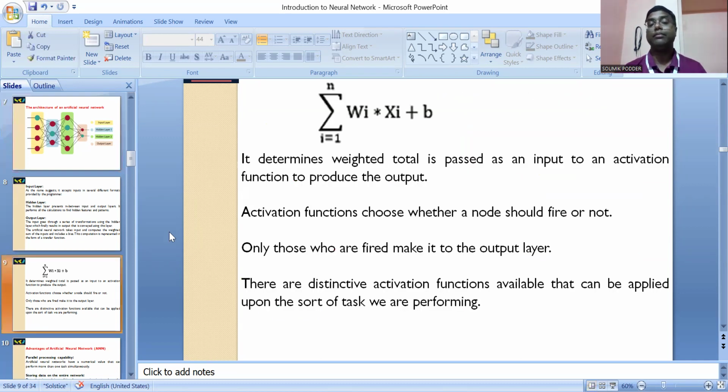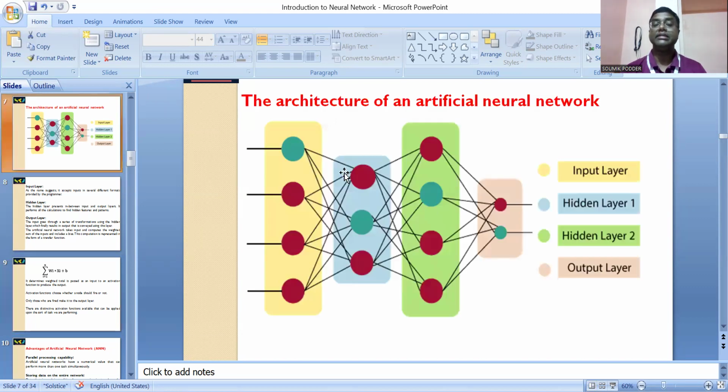Now the formula by which we can calculate the outputs is the summation of Wi cross Xi plus B. What is Wi? Wi is the respective weight for a particular node. Suppose this is your input node 1, this is input node 2, 3, 4, and this is hidden layer 1, 2, 3.